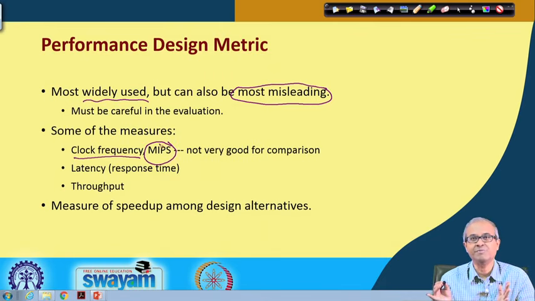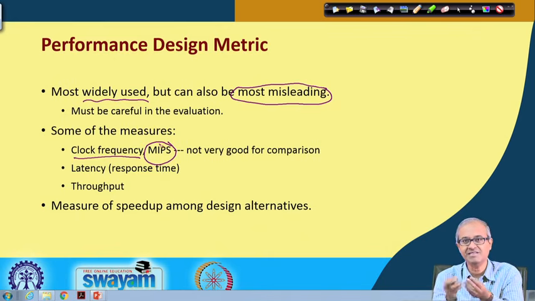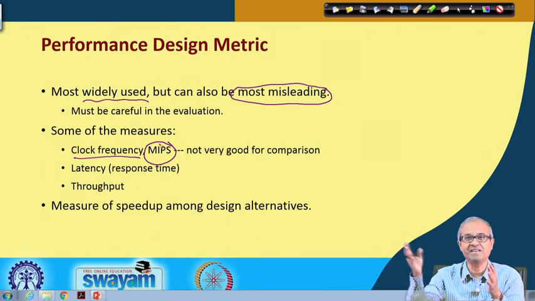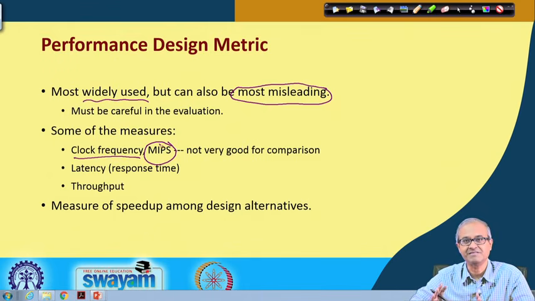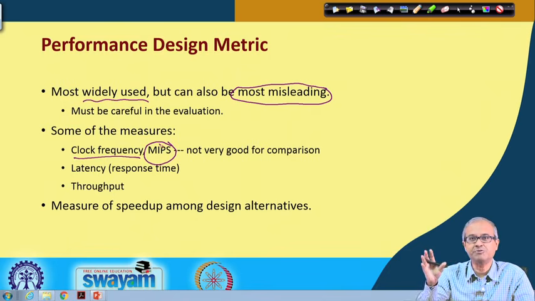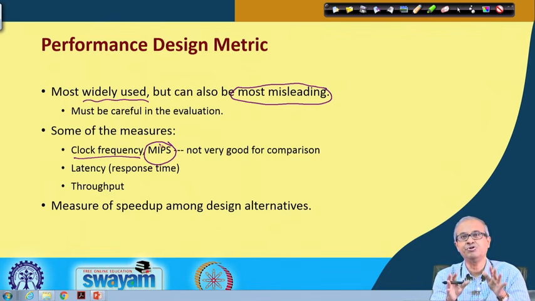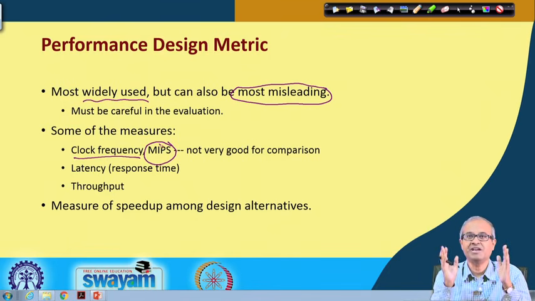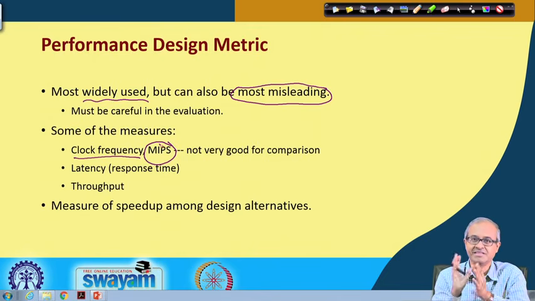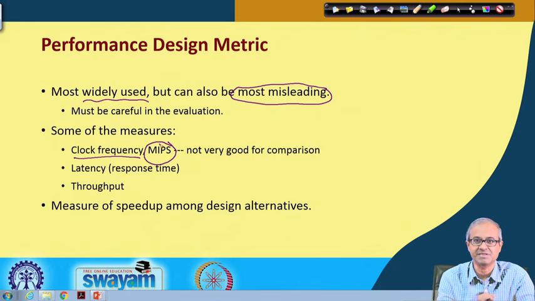This also does not mean anything. What kind of instructions? Are they simple instructions or complex instructions? Your MIPS figure will vary drastically among them. So, it does not give any fair measure. Only with respect to some specific application you should be able to measure how much time it is taking to run my application. That is something which would be most beneficial in your assessment. Okay?